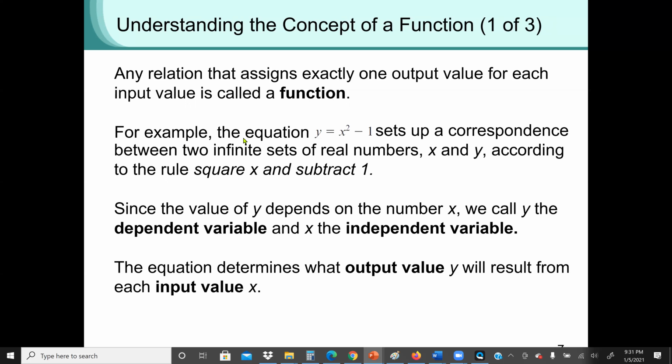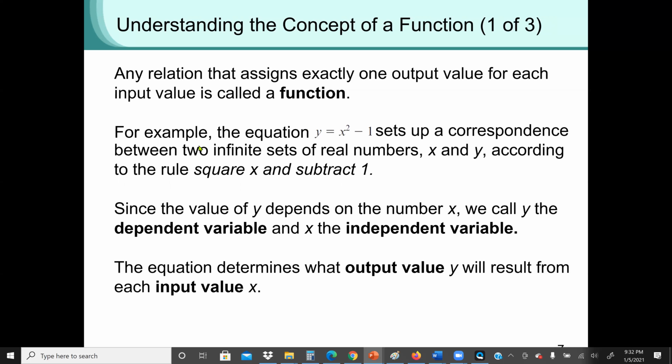So for example, if we have the equation y equal to x squared minus 1, this is a function. Why? Because every time we have a different value of x, we only get one answer for y. Again, x is our domain or the input. So if the input gives us only one output result, then it's a function.